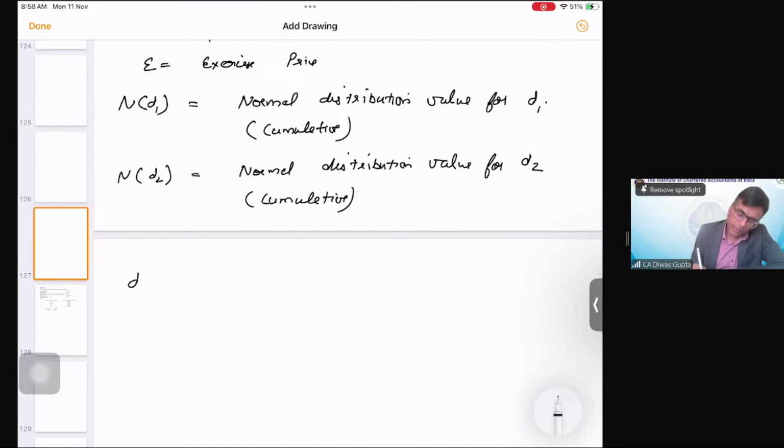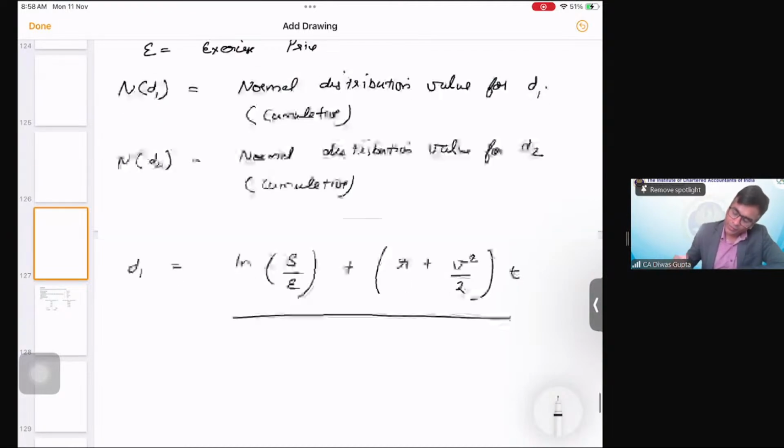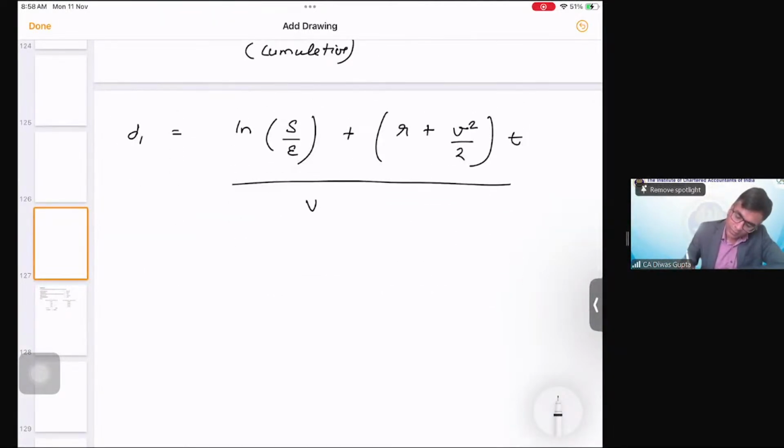And d1 is equal to natural log of S by E plus (R plus volatility square divided by 2) multiplied by time period, whole divided by V, which is volatility, under root T. And d2 is equal to d1 minus V under root T.